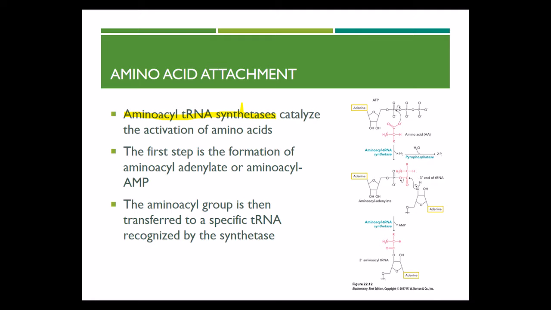The amino acids react with ATP to generate aminoacyl adenylate, where the lone pair electron on the oxygen will do a nucleophilic attack on the first phospho group, which then is going to cleave pyrophosphate.